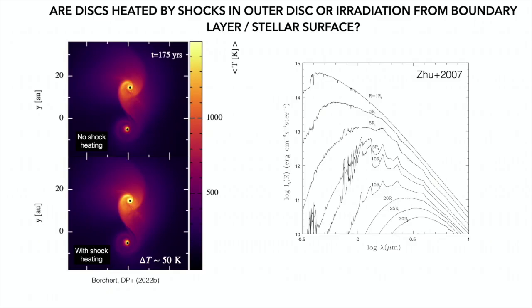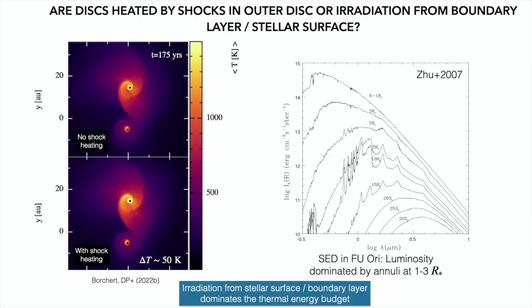So it's not anything like the stuff in the outer disk. It's the inner things irradiating the outer things. Why am I telling you this? Because we know this, and we know this from star formation too, that the irradiation from the star dominates everything else.